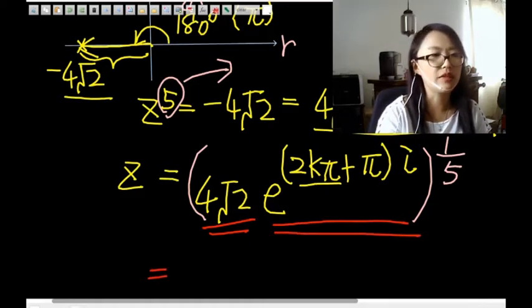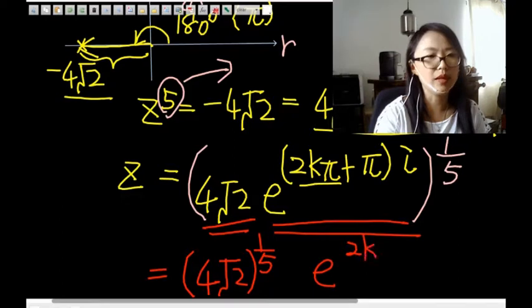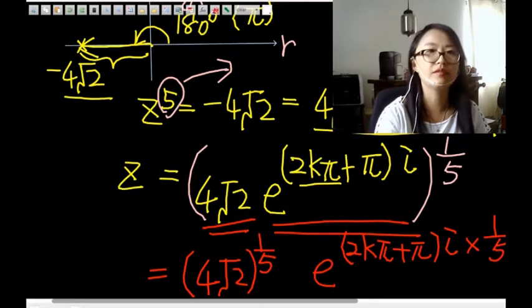That will give us 4 times root 2, to the power of 1 over 5, and then e to the power of k pi plus pi times i, multiplied by 1 over 5.